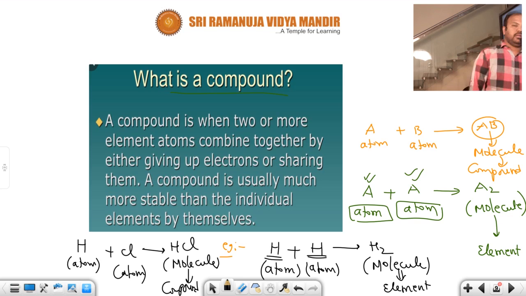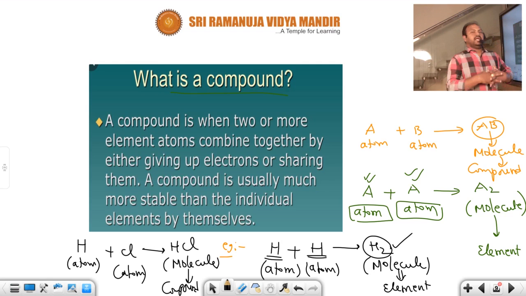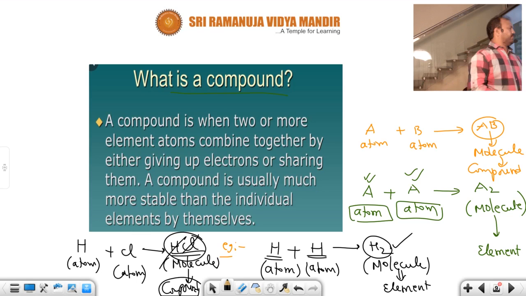If the same atoms or identical atoms combine to make the molecule, that molecule is said to be an element. In this example, H2 is the element. If two or more different atoms combine to make the molecule, that molecule is said to be a compound. In this example, HCl is the compound because it contains two different atoms.